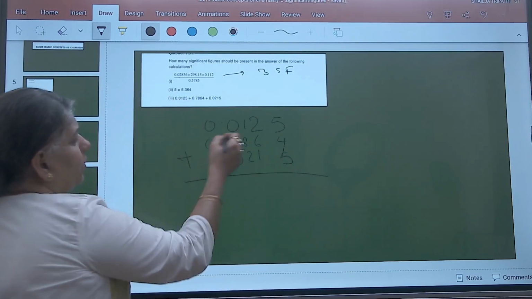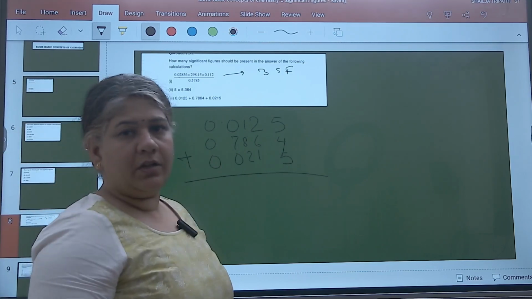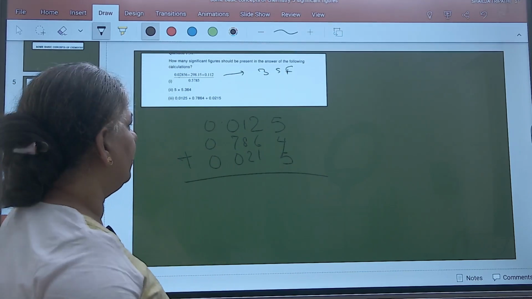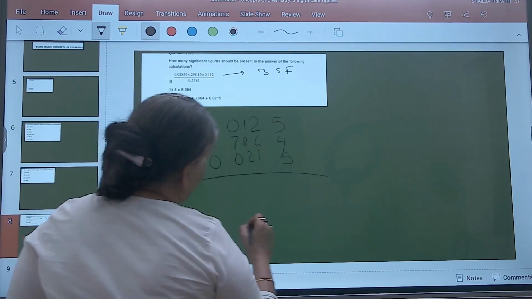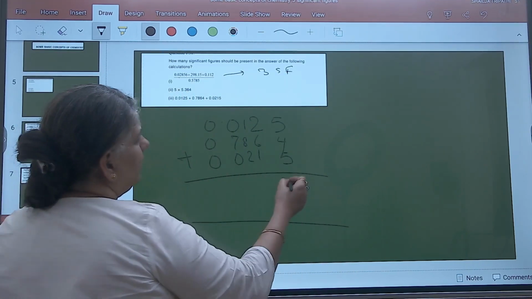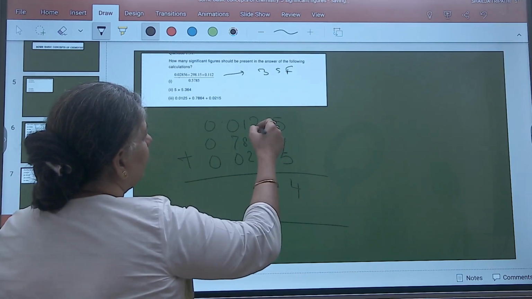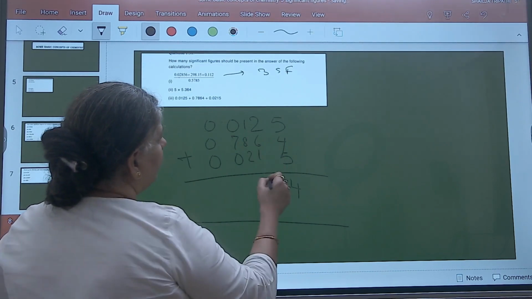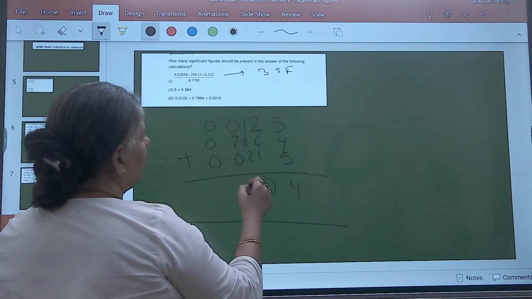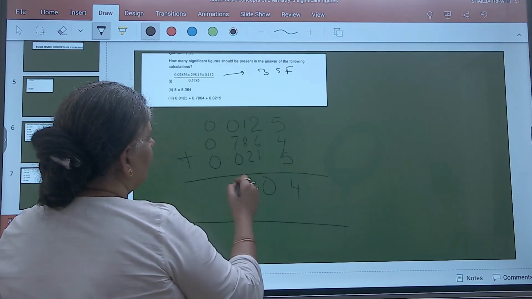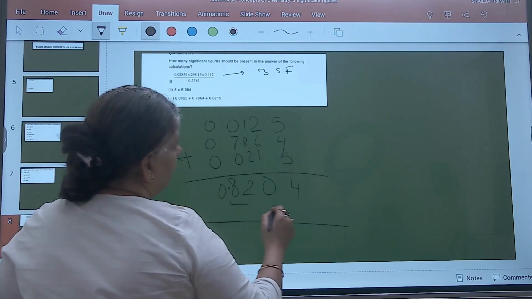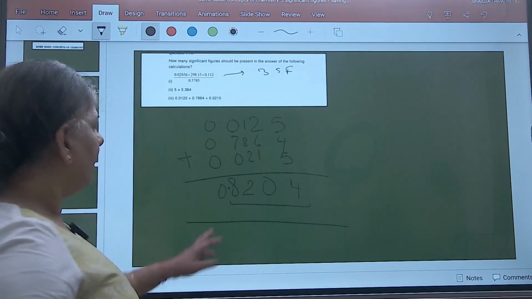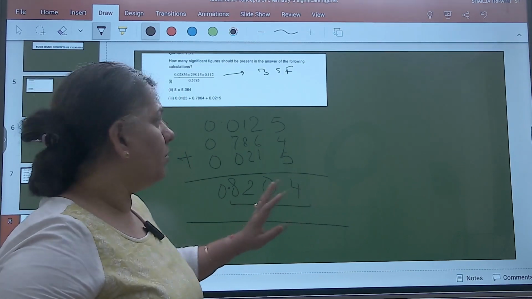See, all the values have 4 places after the decimal, so our answer should also have 4 places after the decimal. So we have to report the answer in 4 places after the decimal.